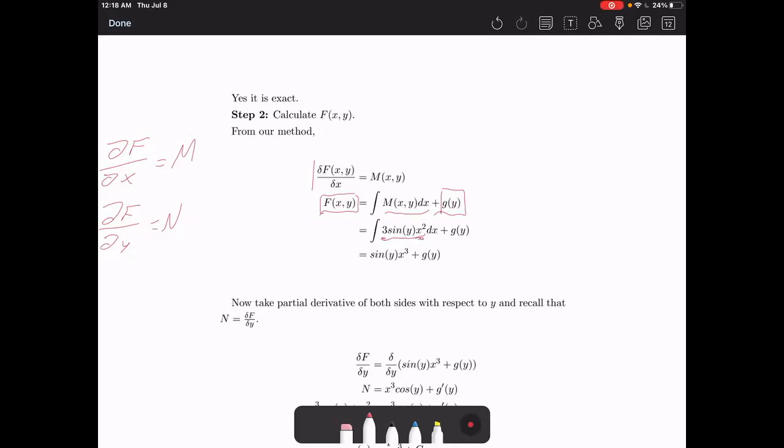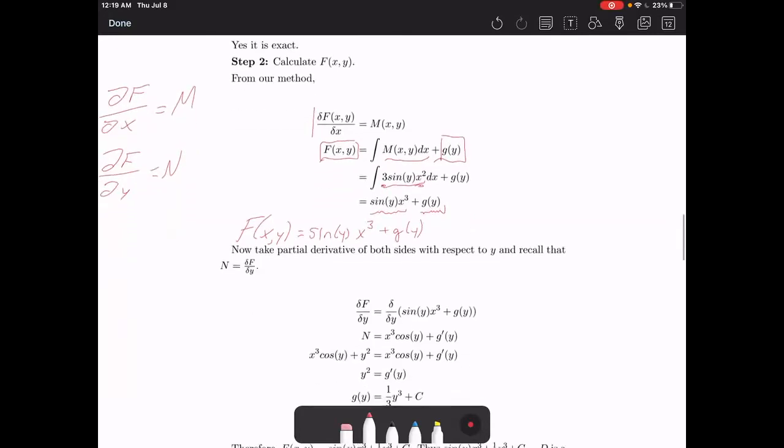So it becomes sin(y) x cubed plus whatever this function of y is going to be, g of y. So note that we're almost done. f of x, y is what we're trying to solve for, the original equation. And we know that it's equal to sin(y) times x cubed plus some function of y. So now we just need to solve for what g of y is.